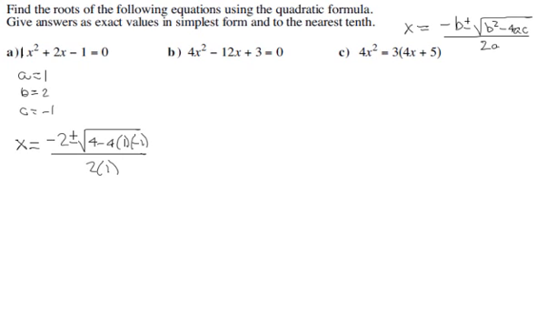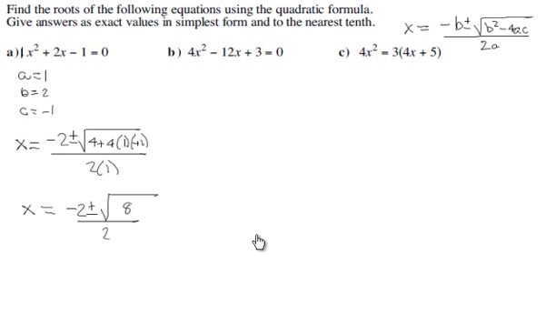So now we clean this up. Minus 2 plus or minus. These negatives cancel out. So this becomes just 4 plus 4 over 2.